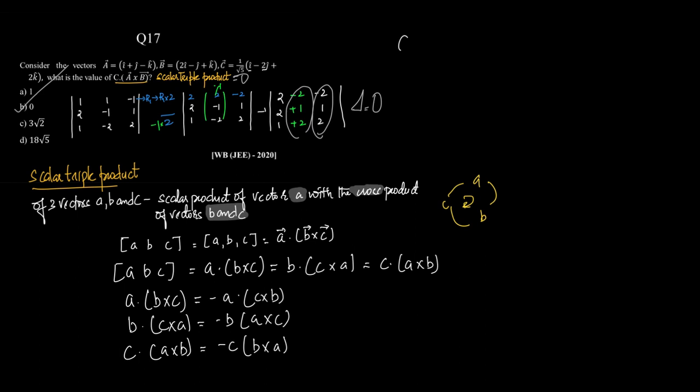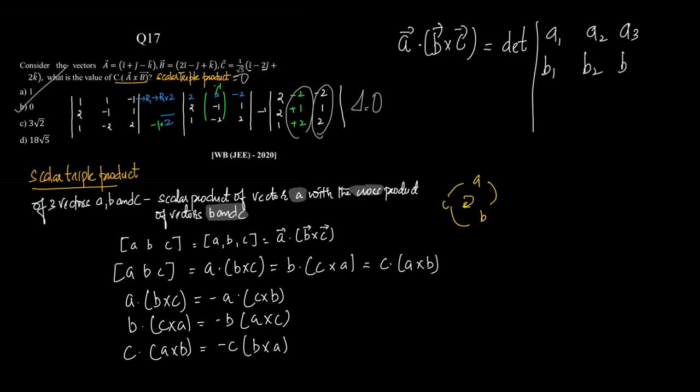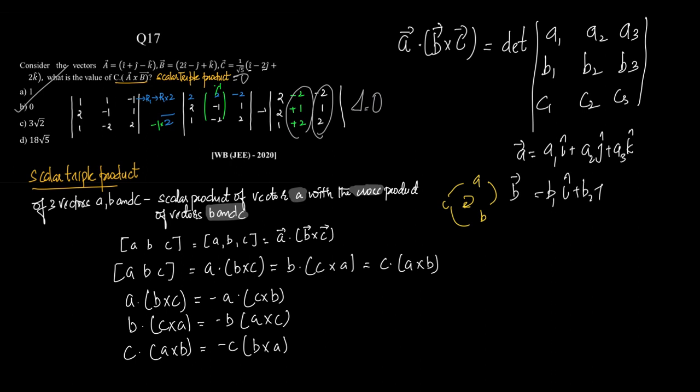So vector A dot B cross C is defined as the determinant of A1, A2, A3, B1, B2, B3, and C1, C2, C3, where vector A is represented as A1 i cap plus A2 j cap plus A3 k cap, and vector B is represented as B1 i cap plus B2 j cap plus B3 k cap.